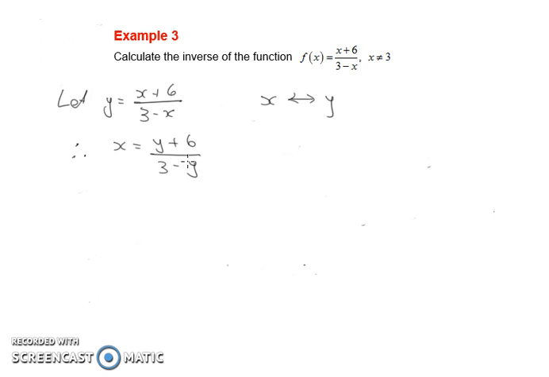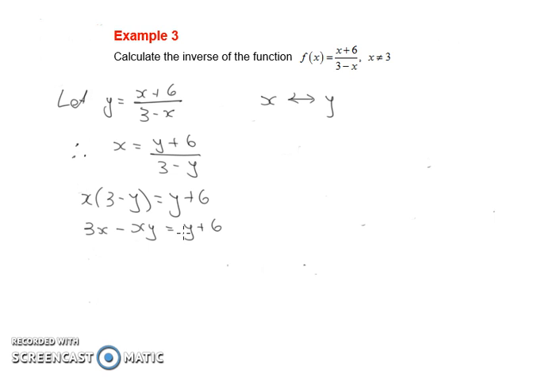Now, to make y the subject, we need to first of all multiply both sides by 3 minus y. So we have x times 3 minus y equals y plus 6. And we're going to have to expand here, so we're left with 3x minus xy equals y plus 6.